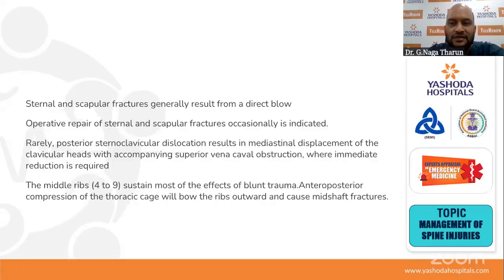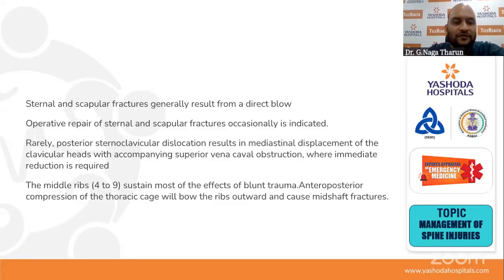Scapular fractures generally result from a direct blow. Operative repair of sternal and scapular fractures is occasionally indicated. Rarely, posterior sternoclavicular dislocation results in mediastinal displacement of the clavicular heads with accompanying superior vena cava obstruction, where immediate reduction is required.